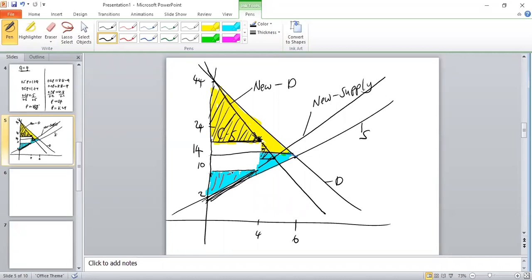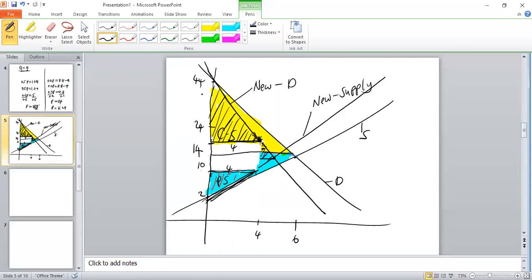So now they want you to calculate again. This is the new producer surplus. This is the new consumer surplus. Now they want you to compute. So it's just 4. The length now is 4 because it's from 0 to 4 here, where it's cutting 4. But the height here, of course, we had calculated. So this one gave us 10. This one gave us 24.